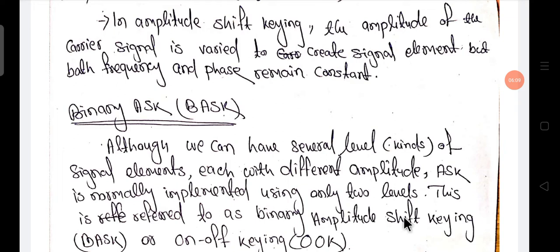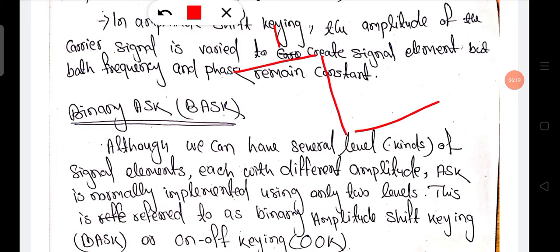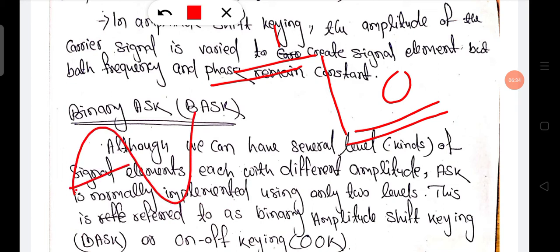In binary ASK, we use only two levels of voltage, because in binary there are two bits, 1 and 0. ASK in general has unlimited voltage levels since the analog signal is involved.